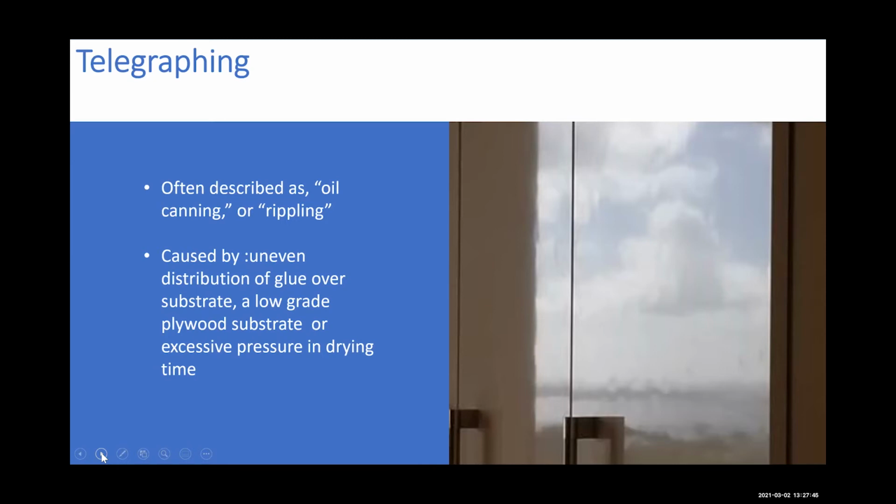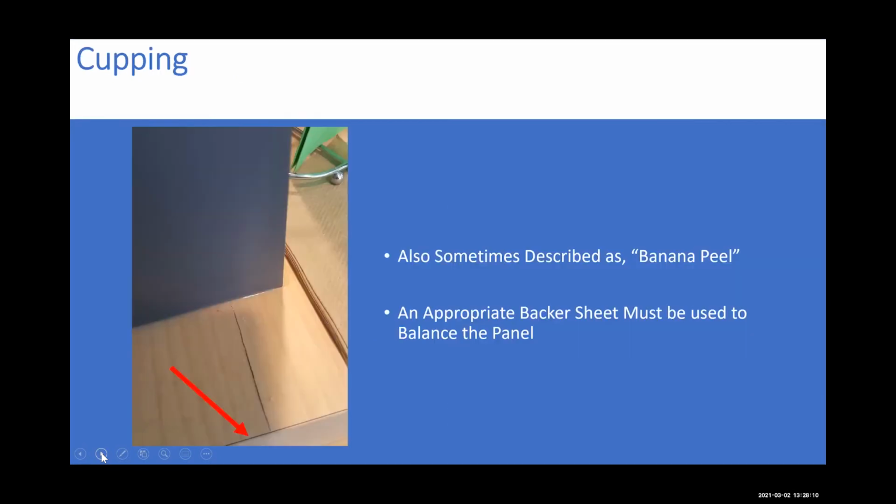Using a low grade plywood, so not using an A grade plywood, will cause this to happen. It can also be caused by excessive pressure in the drying time, meaning if the pressure is too great or too long, any imperfections like air pockets that are in the middle of an MDF panel can be squeezed to the surface and show through as bubbles or ripples, and it especially is evident in a gloss.